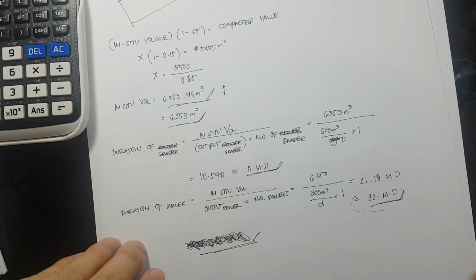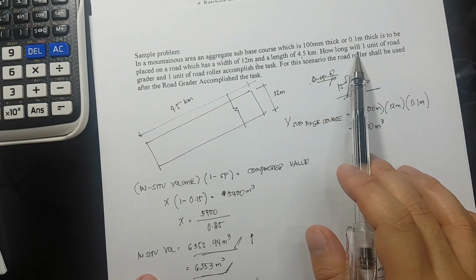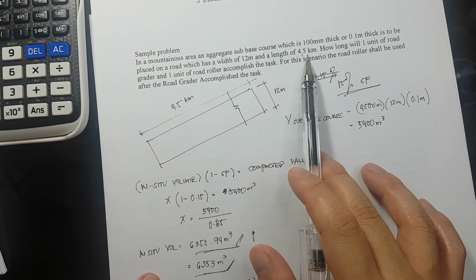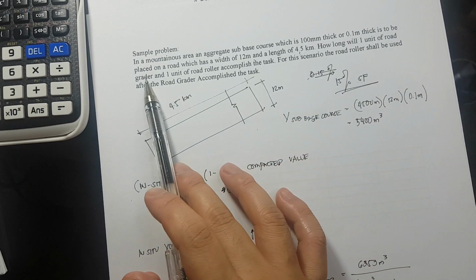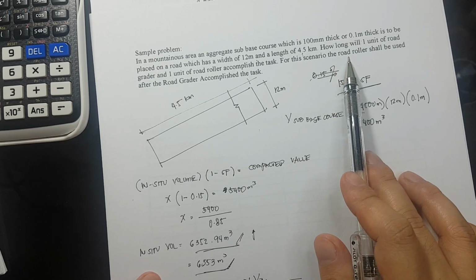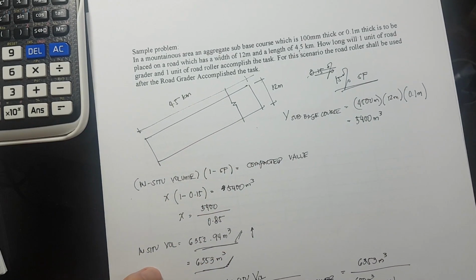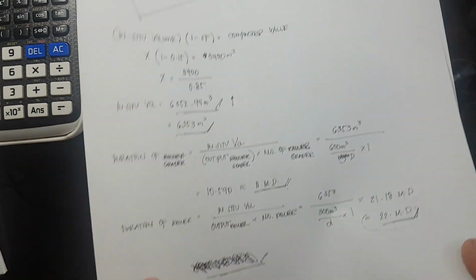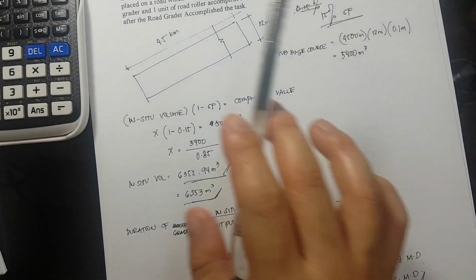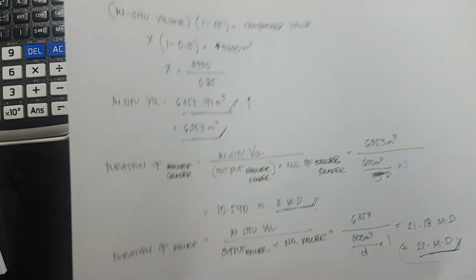Now for the total duration, take note, sabi dito, we have how long will the 1 unit road grader accomplish the task. For this scenario, the road roller shall be used after the road grader accomplished its task. So, ibig sabihin, gagamitin lang natin si roller after matapos ni road grader yung kanyang trabaho. Okay?